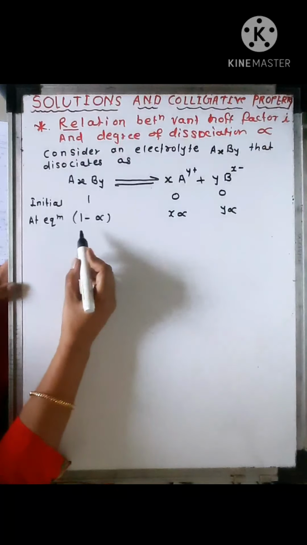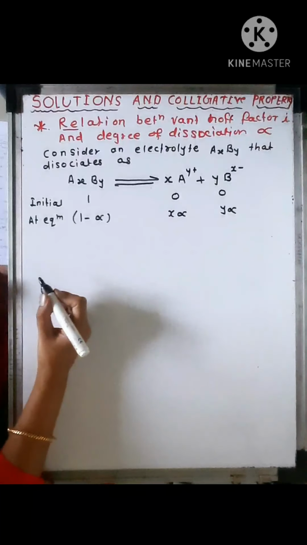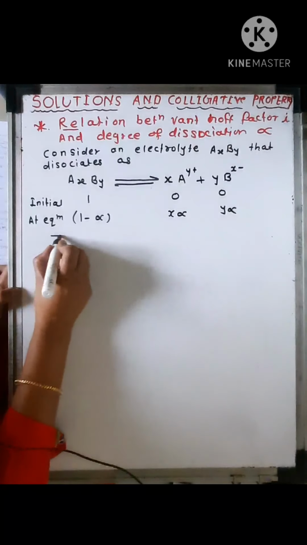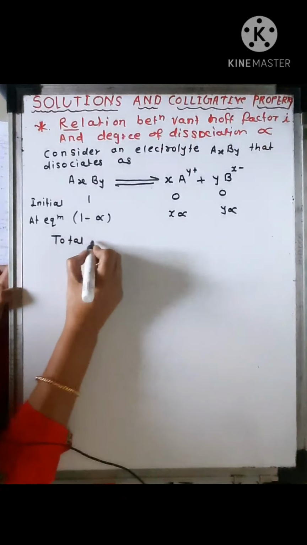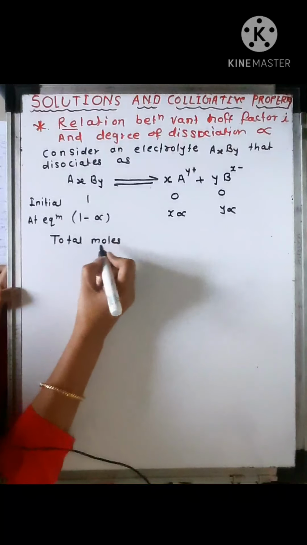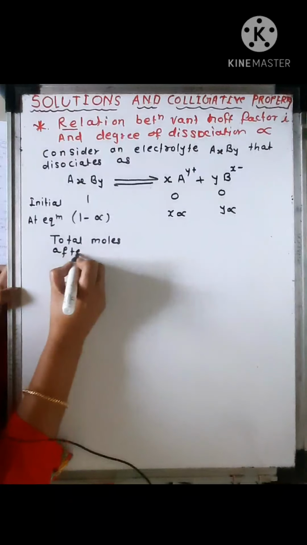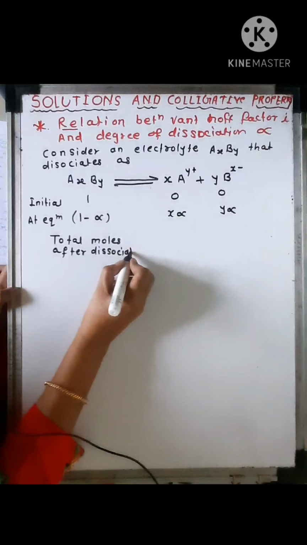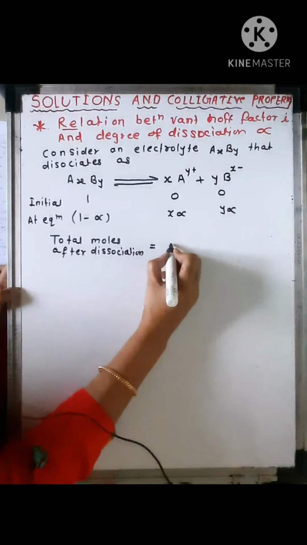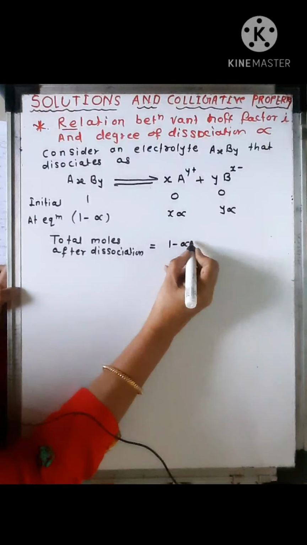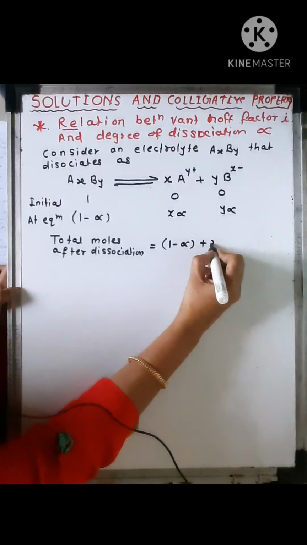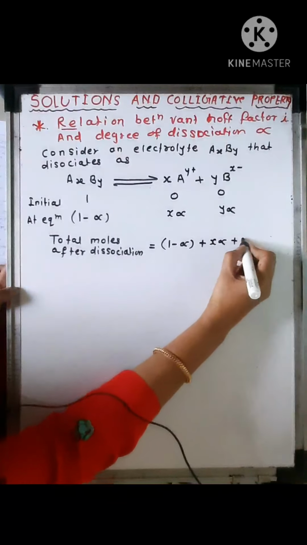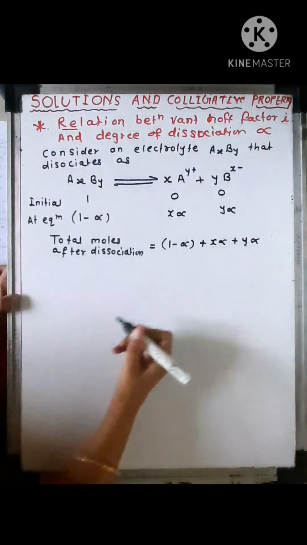From this we can take the total moles after dissociation, which is equal to 1 minus alpha plus X alpha plus Y alpha.